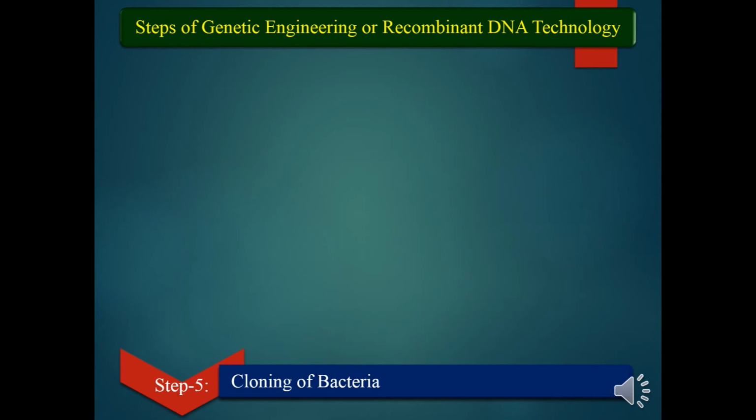Cloning of bacteria. You know, bacteria is able to self-reproduce. By the process of cloning, bacteria will increase its number, and as a result, the recombinant DNA with desired gene also increases its number, and this process is called cloning.